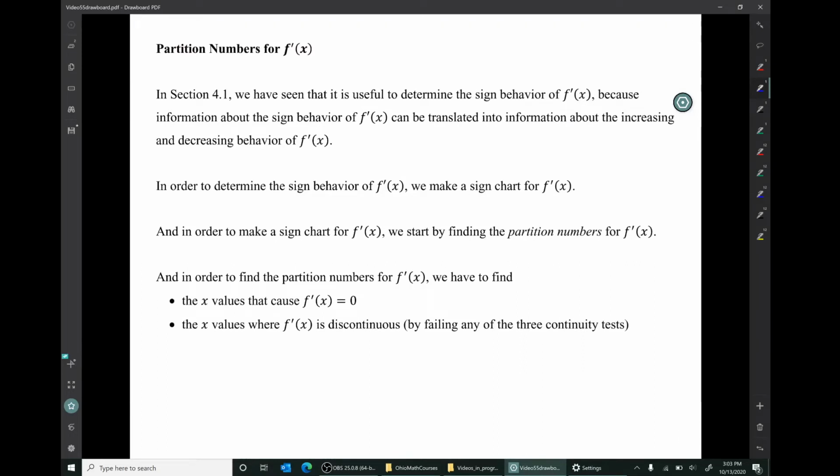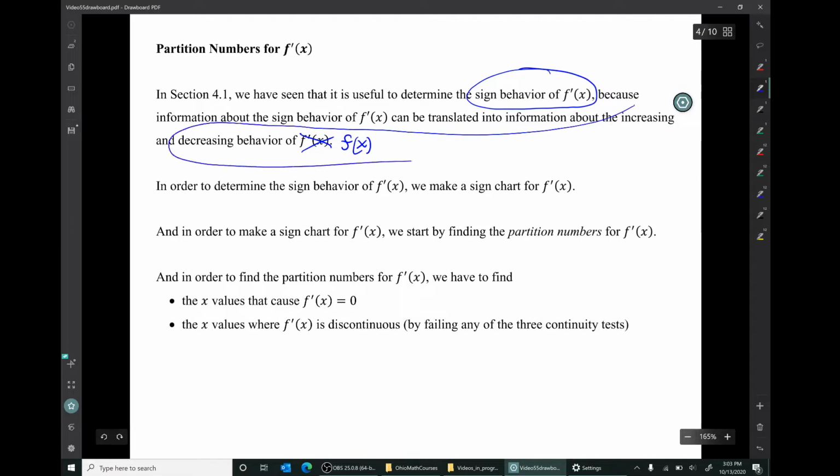Now, today we're going to be interested in finding partition numbers for f prime. So in section 4.1 so far, we've already seen that it's useful to determine the sign behavior of f prime because information about the sign behavior of f prime can be translated into information about the increasing and decreasing behavior of f of x.